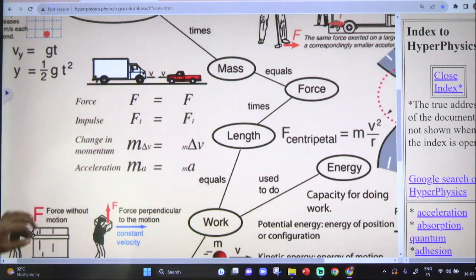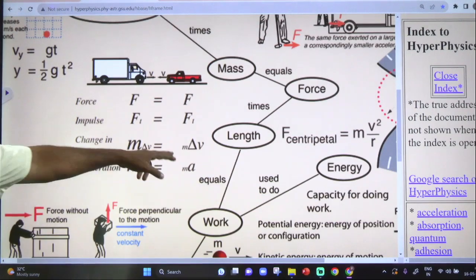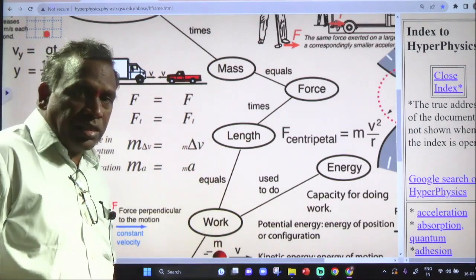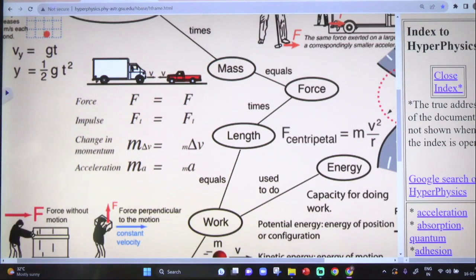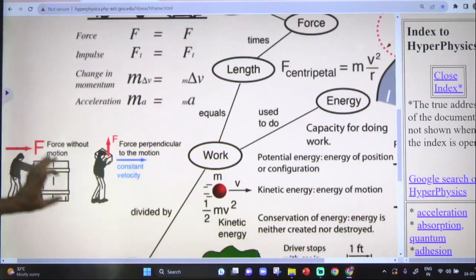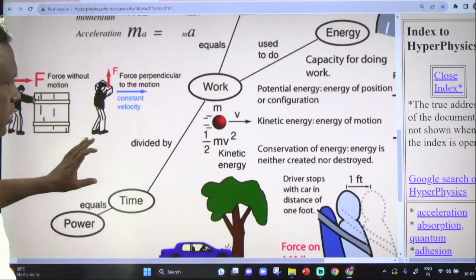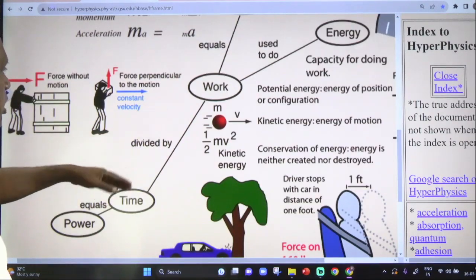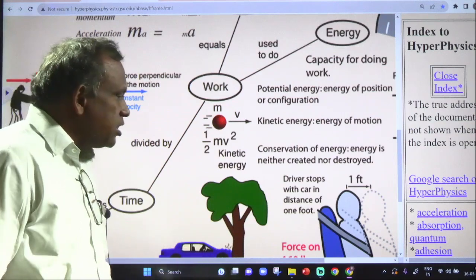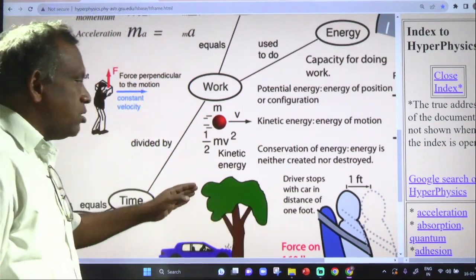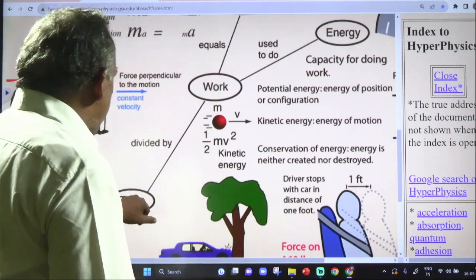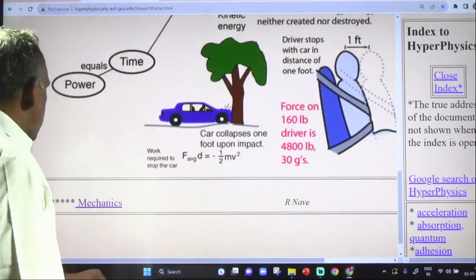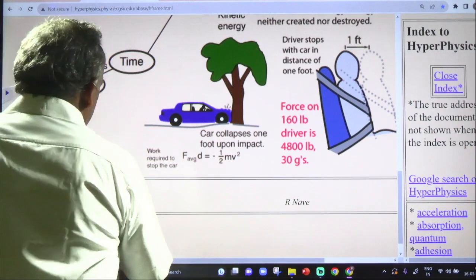Change in momentum is mass into change in velocity, that is mass into acceleration. Like this, mass can be converted into energy, that is Einstein's equation, E equals m c square. Energy is neither created nor destroyed, the law of conservation of energy. These are the motion and energy equations.